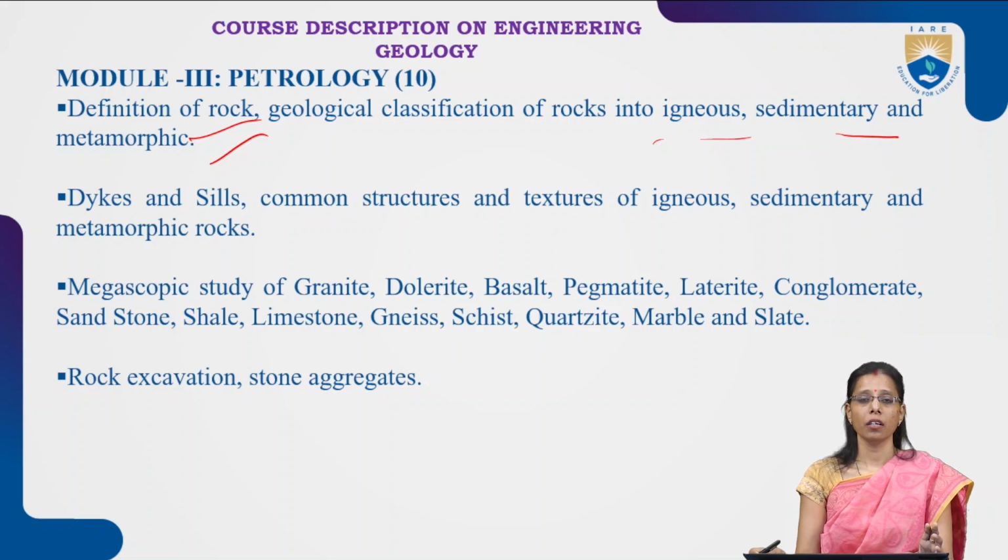Okay, and sedimentary rocks are the rocks which are formed by sediments. The sediments are transported and deposited to a place, for example from a slope area they are transported and deposited to the plain area. That kind of rock we call sedimentary rock.